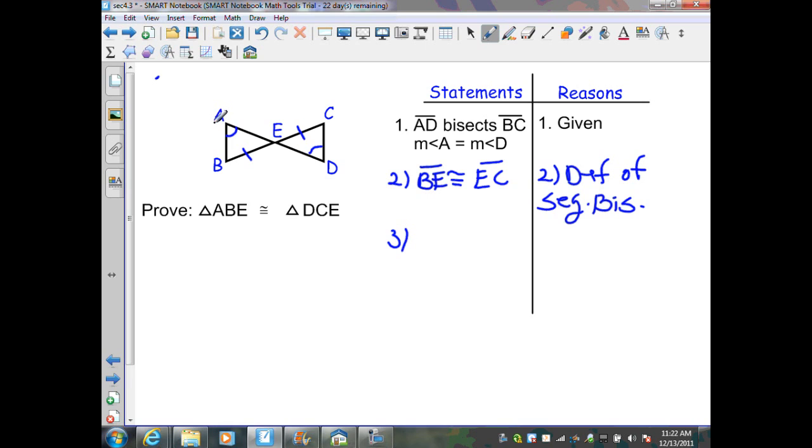I also know that angle AEB is congruent to angle CED. And the reason for that is the vertical angle theorem, which states that vertical angles are congruent.